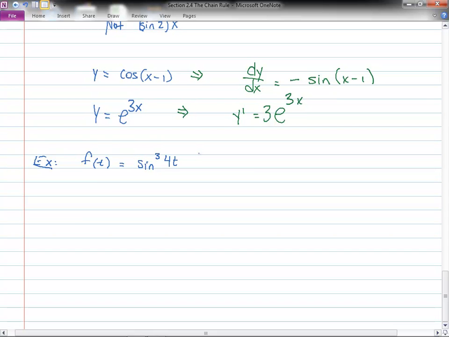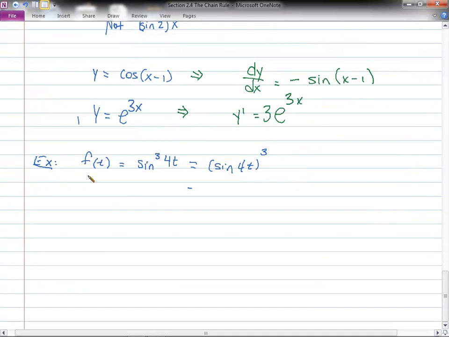What you've got is an outside function. I asked the class what that was, and somebody recognized that it's the u cubed function, right? Because you can think of this as sine of 4t quantity cubed. Notice now you've got the outermost function is the cubing part. The next outer part inside of that is the sine, and then inside of that is the 4t.